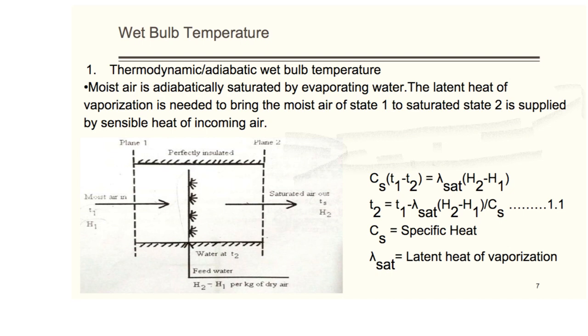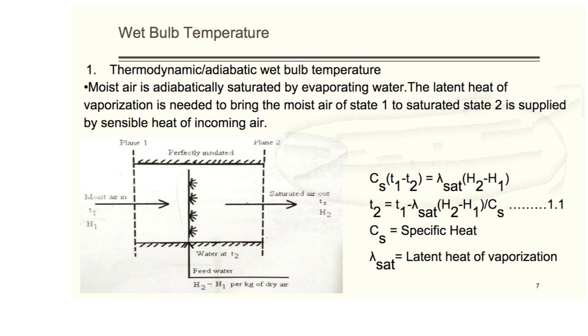So the humidity of the outgoing air equals the saturation limit, and so for measuring this adiabatic wet bulb temperature, we need a long pipe, right?